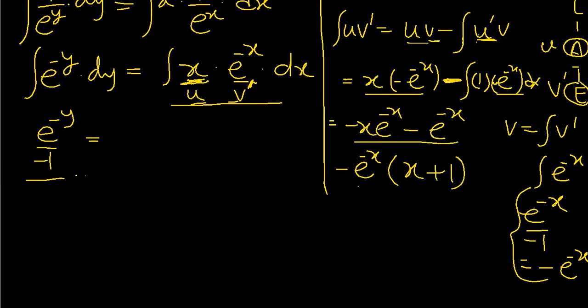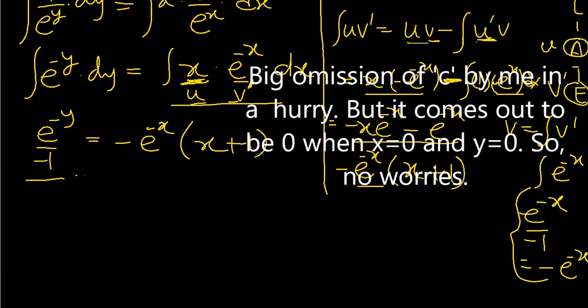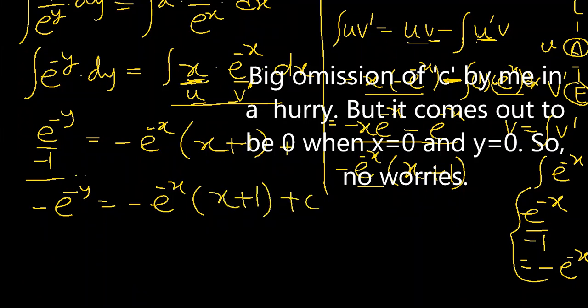From this, I factored out e to the power minus x negative. All right, let's write it here. Minus e to the power minus x, x plus 1. So minus e to the power minus y equal to minus e to the power minus x, x plus 1 plus c. I forgot to write plus c here.